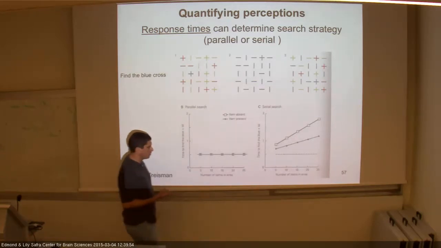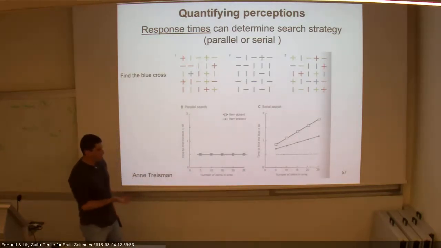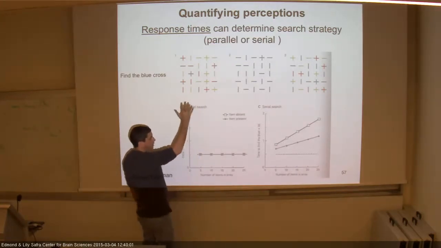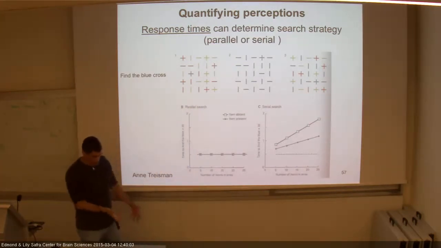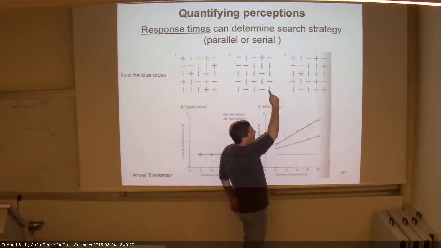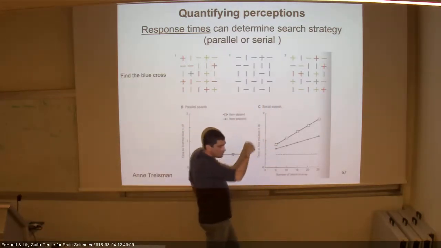And what she concluded from this is that there is a completely different perceptual task. Here it's a parallel task where everything pops out, and here it's actually a serial task where one has to search the whole matrix with his eyes.